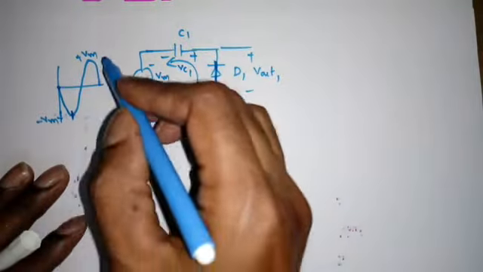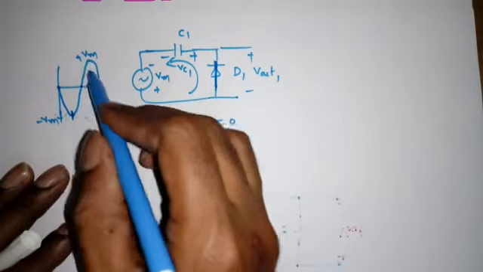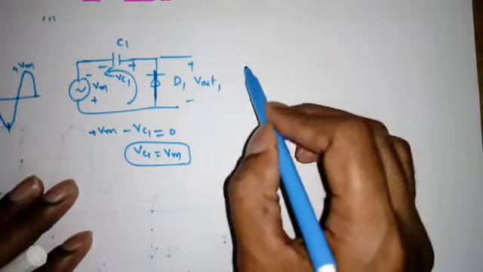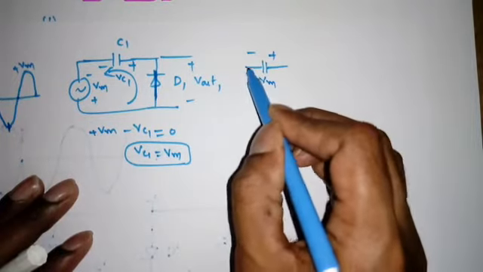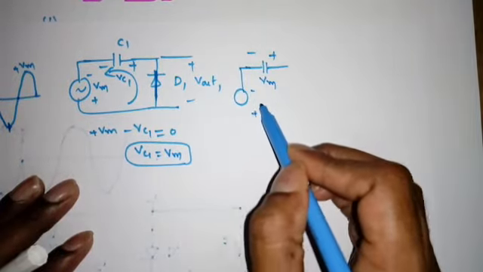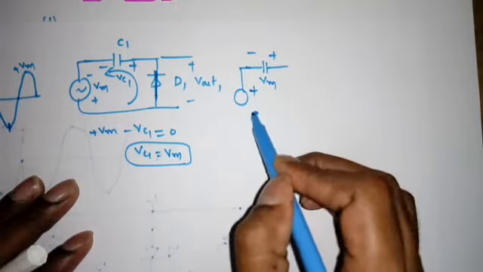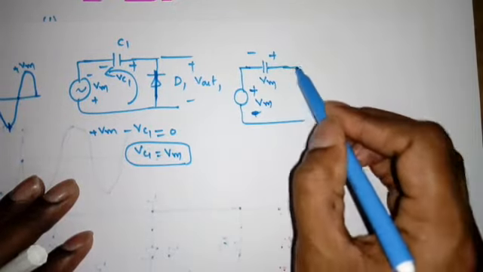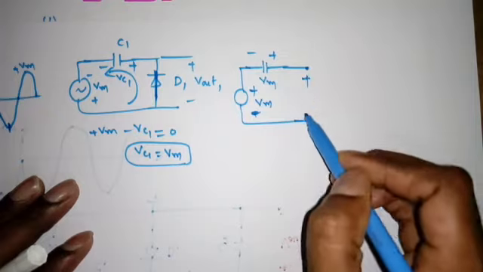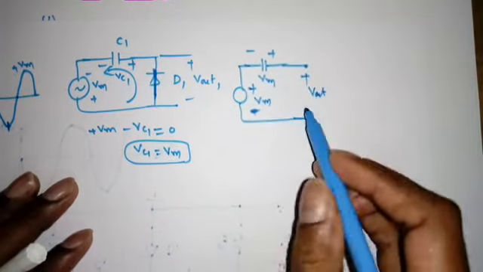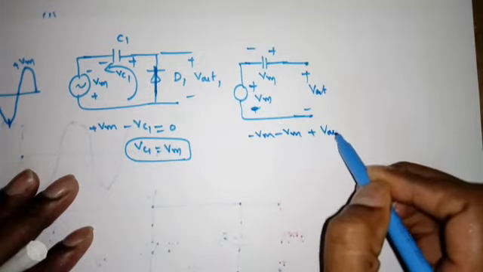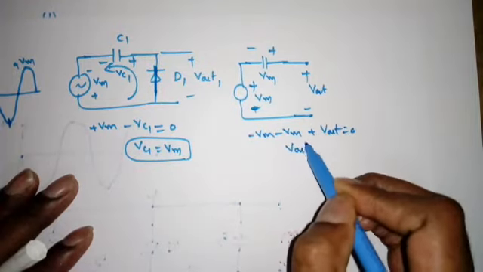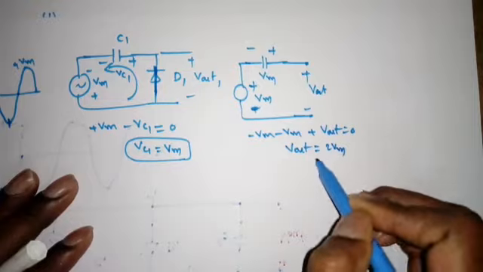When the next positive half cycle comes from 0 to Vm, the diode will be off. So the circuit will become like this, plus minus Vm, and I am applying the positive half cycle. The diode D1 is off. Now what is Vout? Vout is equal to minus Vm plus Vm, so Vout is equal to 2Vm.